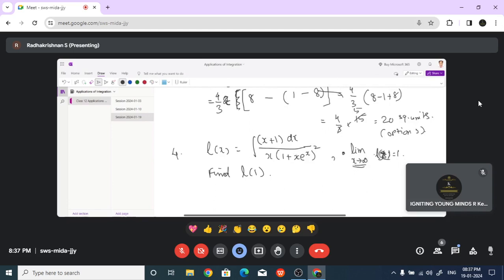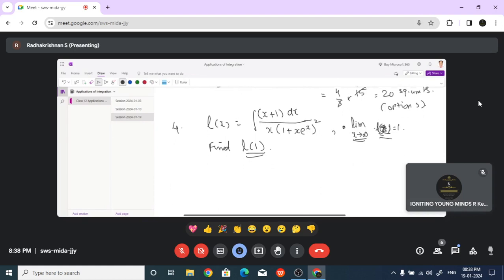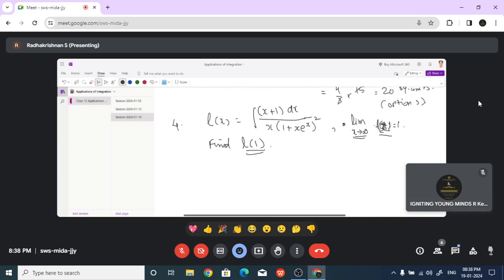But first you have to integrate. So this can be used to determine the value of the constant. Then with that you can determine the exact integral, because first you will get the integral with constant. So now we will eliminate the constant using this, and then you find L of 1. Okay. So think about how we can solve this indefinite integral.